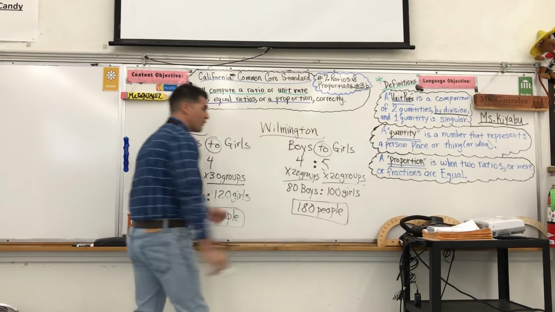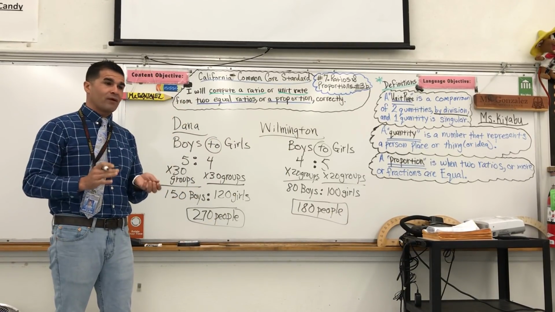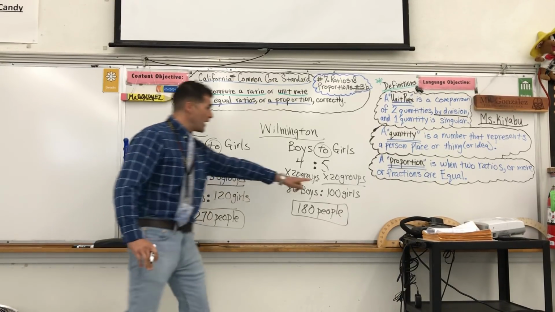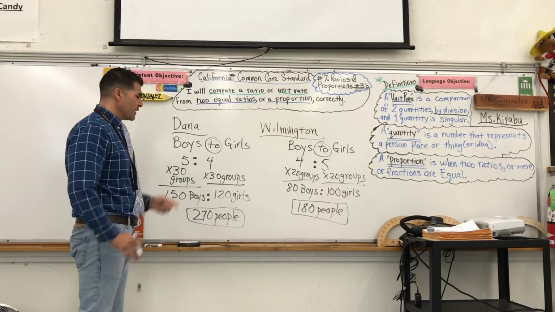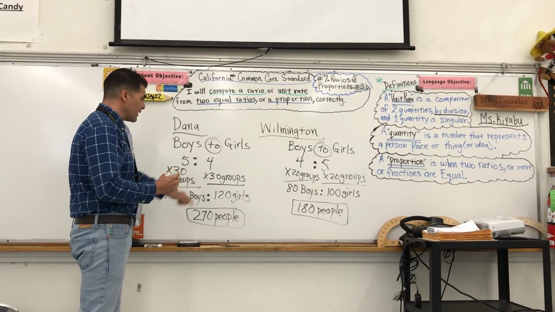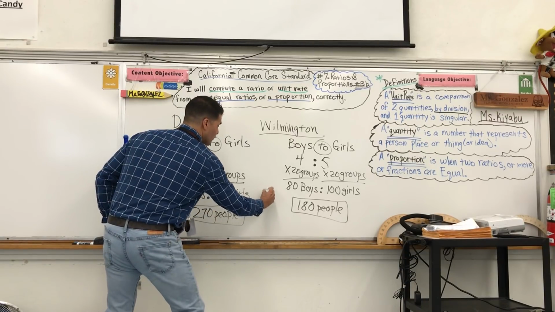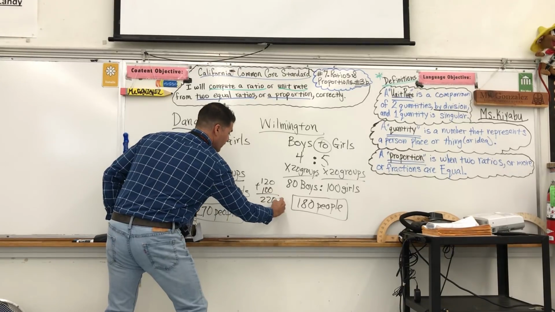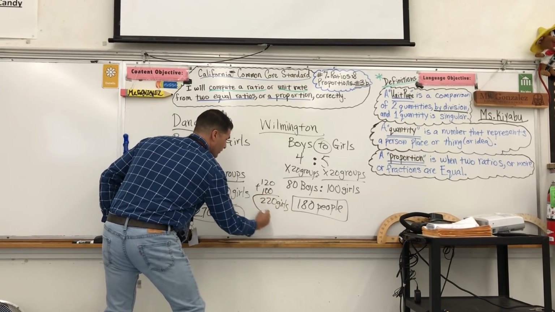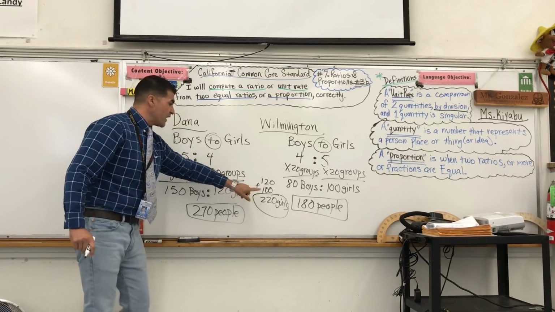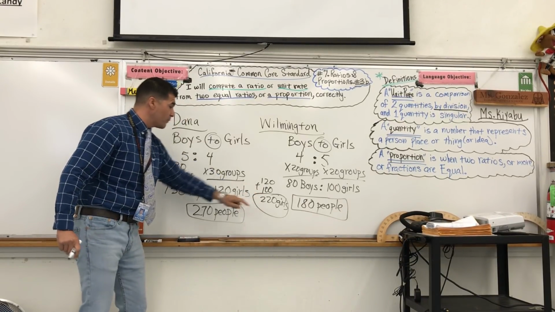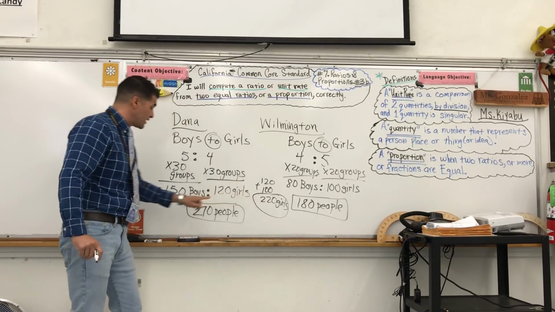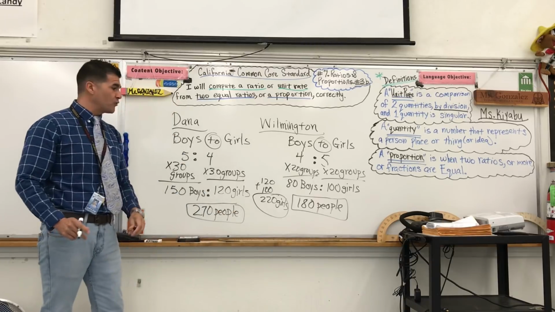Now, if you're trying to figure out the fraction of girls that are going total, well, let's see here. We have 120 girls. We have 100 girls from Wilmington. So we can add that up and say 100 girls plus 120 girls. This equals 220 girls total. This is important to know this total. We need to take this fraction out of 270 plus 180.